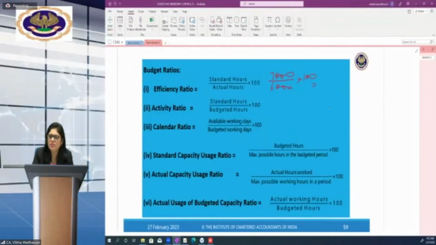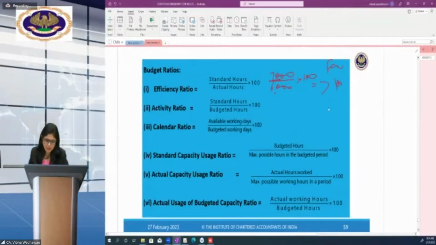You will get the efficiency ratio. I hope you have noted down all the information. You will get more than 100%. It should be a favorable ratio because the numerator, 7,000, is greater than the denominator, so the answer will be more than 100%.